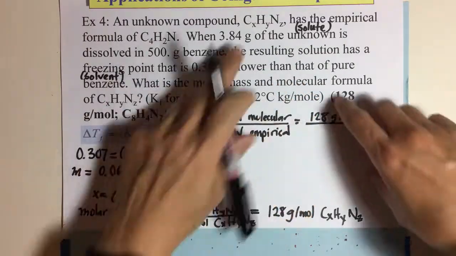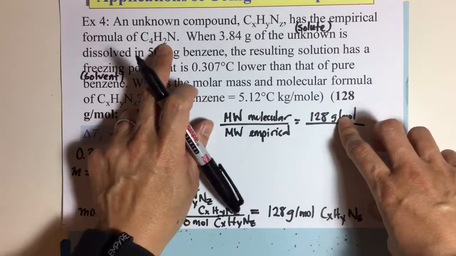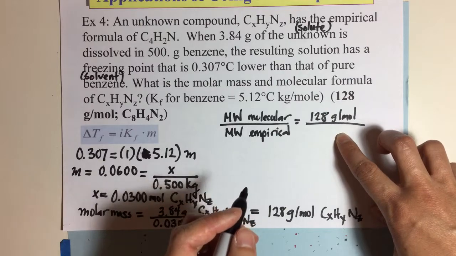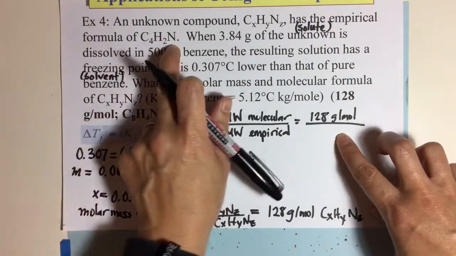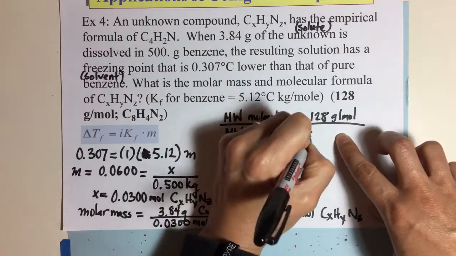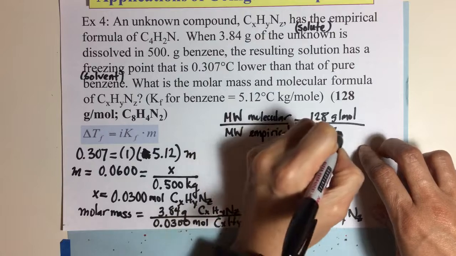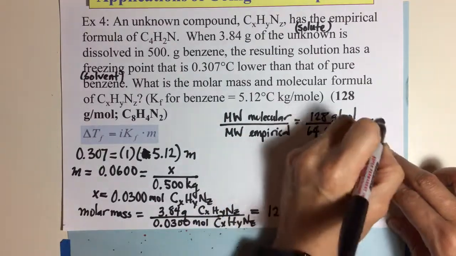I know the empirical formula, so I'm going to have to find the molar mass of this formula. So I take 4 times 12.01 plus 2.02 plus 14.01, which gives me a molar mass value of 64.07 grams per mole. And when I ratio these two, I get 2.